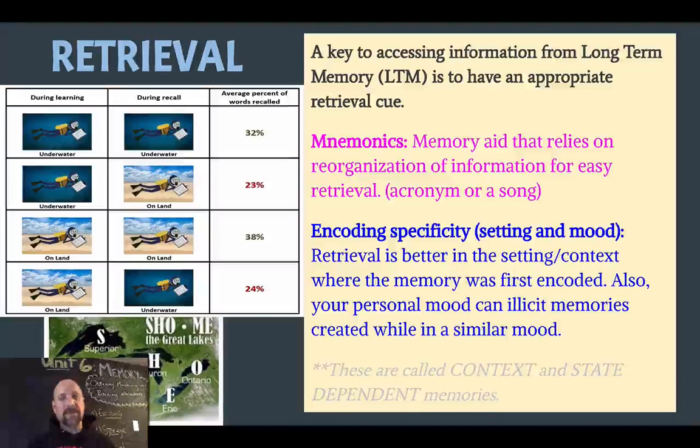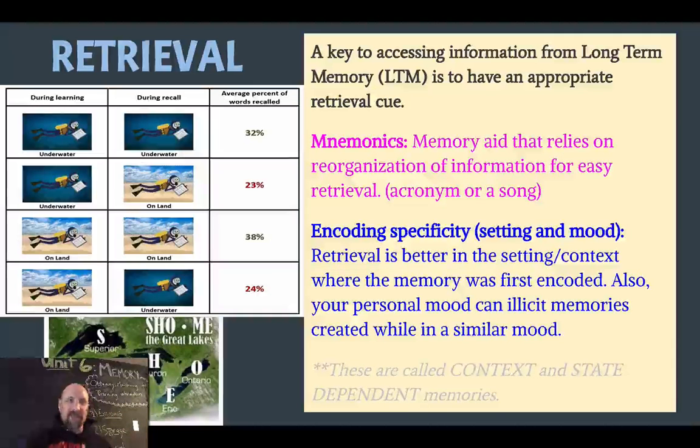Also, encoding specificity as a retrieval cue. Where you created a memory, it's easier to access that memory if you're in that same context. So here's an interesting piece of research done on people learning how to scuba dive. Psychologists got a hold of these people and said, go down underwater while you're in scuba, look at this list of words, and then try to memorize as many as possible.